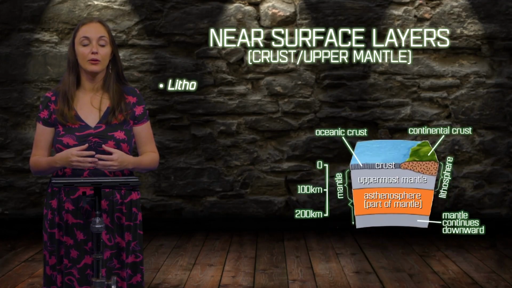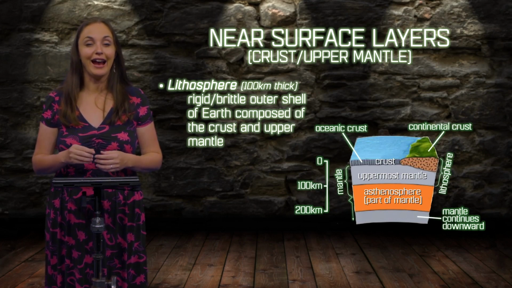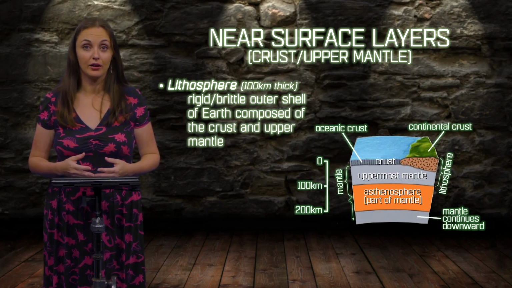Now, I'm going to go into a couple of other more functional layers of the interior of the Earth. We've already covered the basic structure of the Earth, and this all still stands. It's crust, mantle, core. But when we talk about plate tectonics, we're going to be talking about lithosphere and asthenosphere. And the lithosphere is essentially the part of the Earth's crust and a little bit of the upper mantle that acts in a very brittle way.